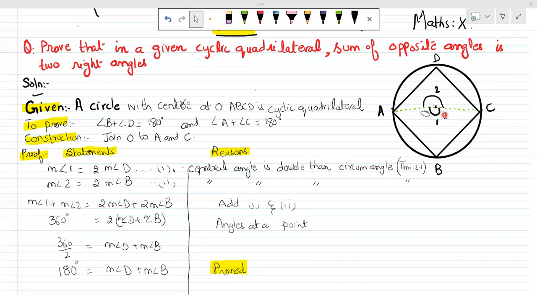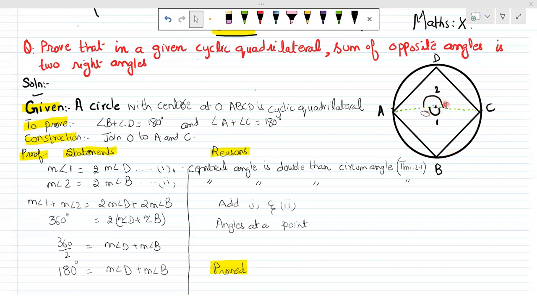And similarly, if we take angle 2 as the central angle, in which O is joined to A and C, but if we join A and C to some other point B on the circumference of the circle, then ABC will become its circumference angle for angle 2.